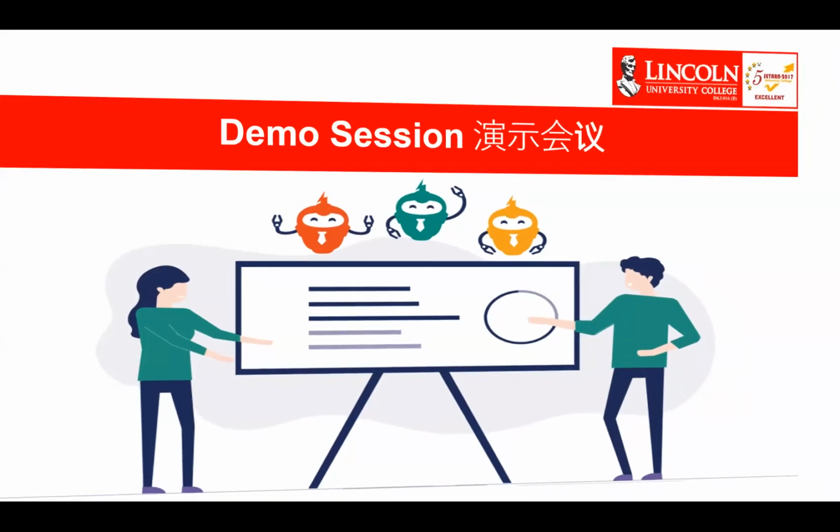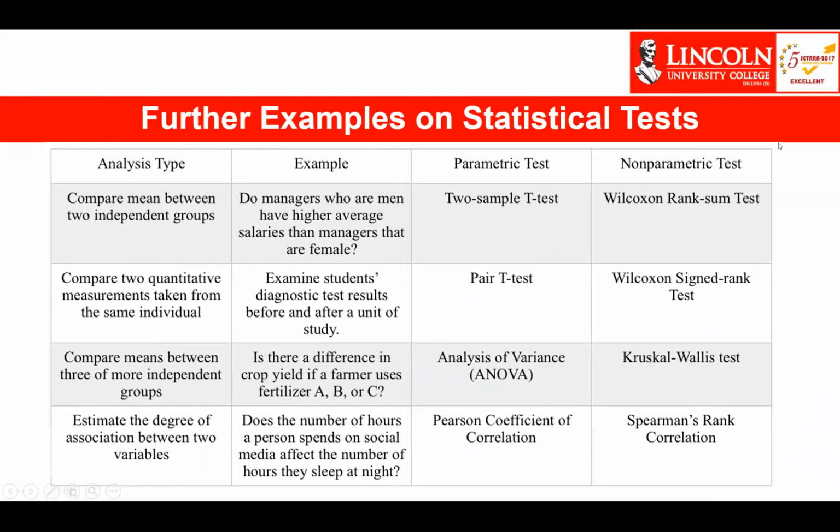So, what examples of statistical analysis could be there? We have, if we want to compare means between two independent groups. Okay, for example, the managers who are men have higher average salary than managers that are female.